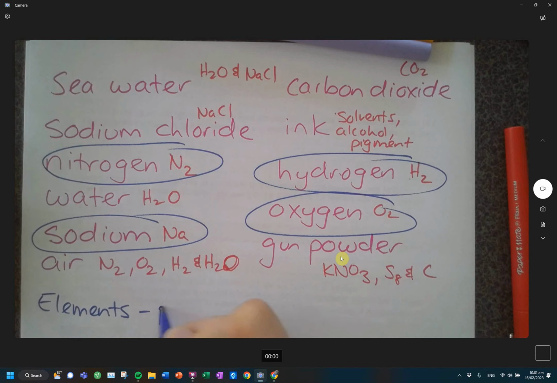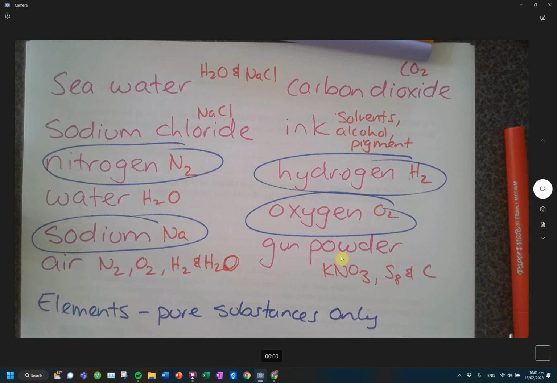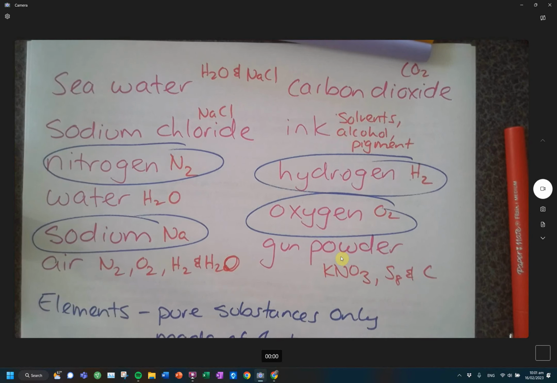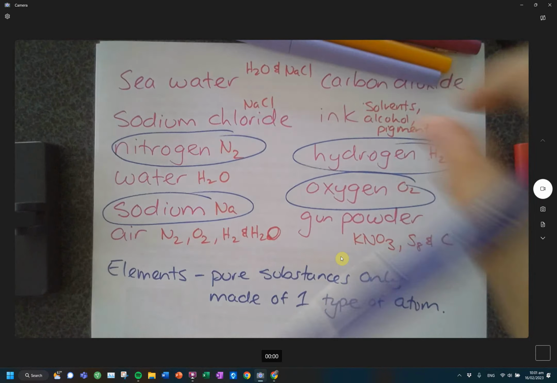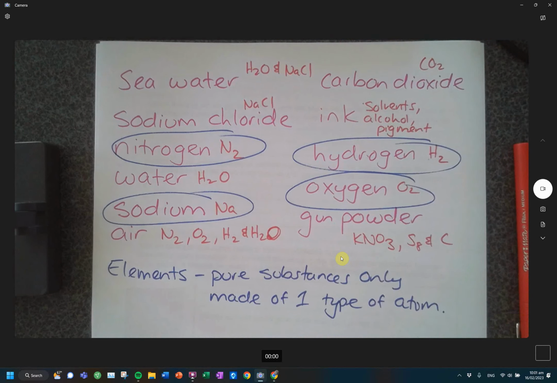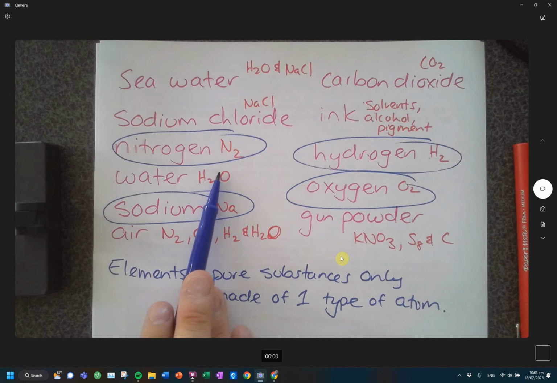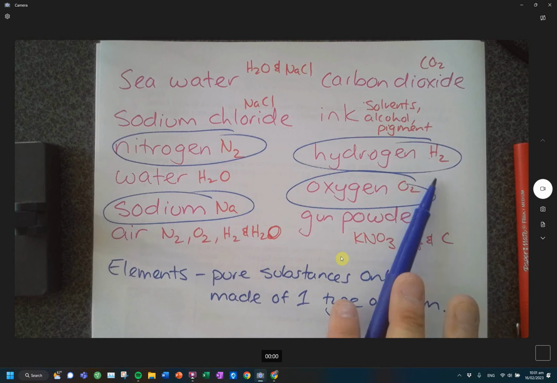These things are pure substances, only made of one type of atom. So these guys are all elements. They are pure substances only made up of one type of element. So when you look at the periodic table, it only has one thing off that periodic table. So nitrogen, sodium, hydrogen, oxygen.